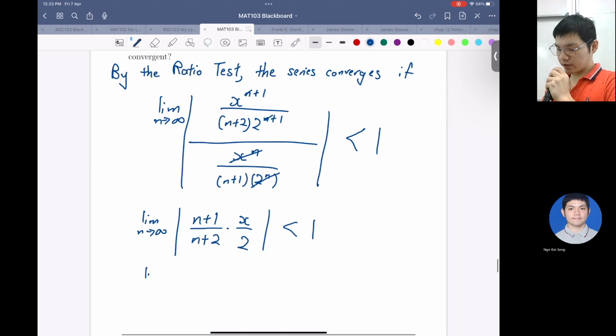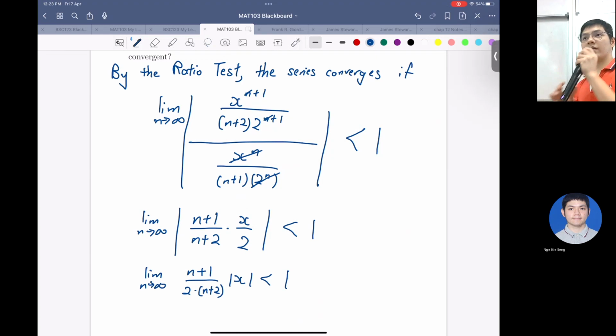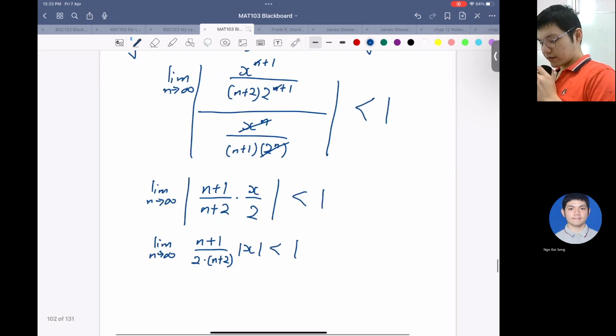So we can just move all the modulus inside to the x. Does x contain the variable n or not? The limit doesn't affect the x here. The limit only affects n, because we're taking n to infinity.